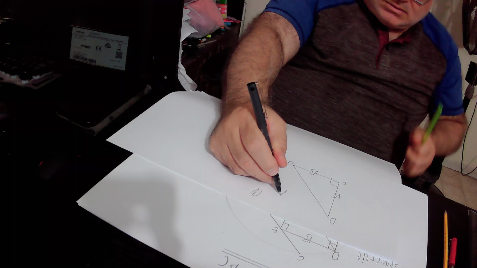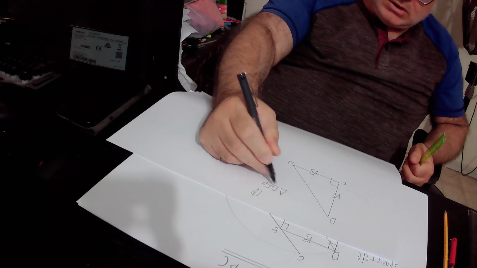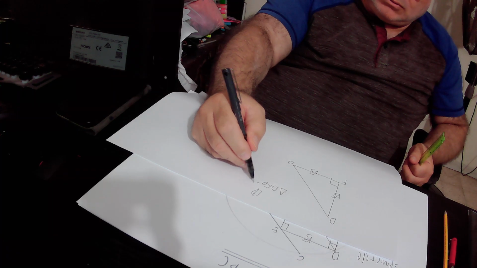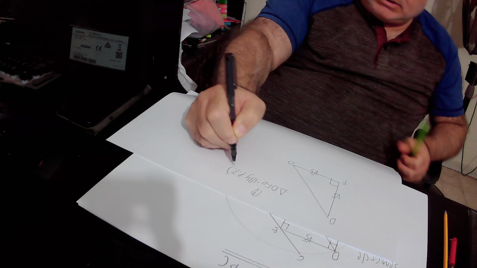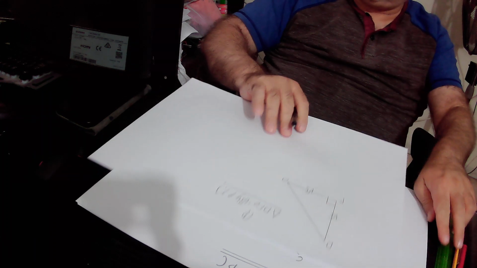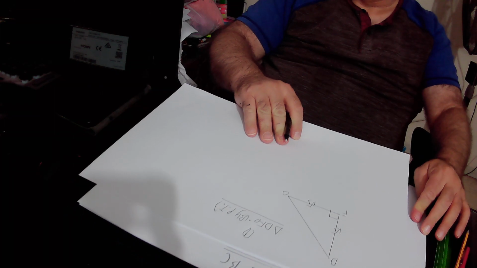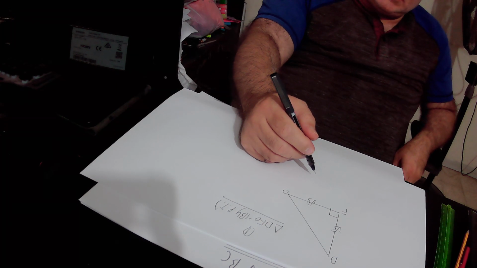So here we'll implement the Pythagoras theorem on the right triangle DFO. PT is the abbreviation for Pythagoras theorem. According to the Pythagoras theorem, the square of the hypotenuse equals the sum of the squares of the perpendiculars.